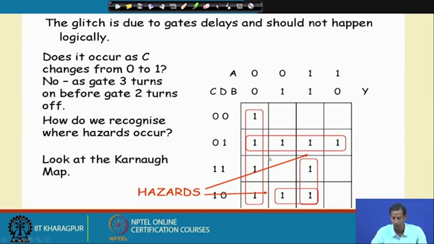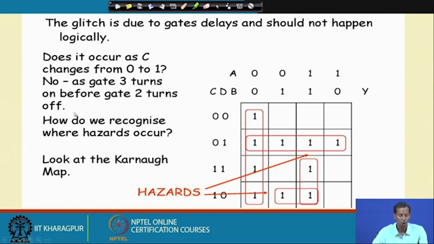At that time you will get the expression, or you can find the expression based on this, right. So, here you see the glitch is due to the gate delays and should not happen logically. Does it occur as C changes from 0 to 1? No. It will occur only whenever C is changing from 1 to 0. For a 0 to 1 change, there will not be any glitch.